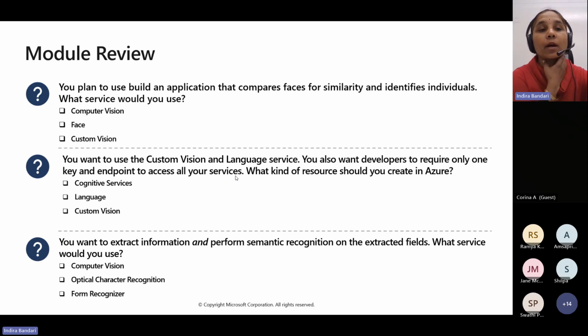Very good. Okay. Now, you want to use the custom vision and language service. You also want developers to require only one key and endpoint to access all your services. Okay. What kind of resource should you create in Azure?